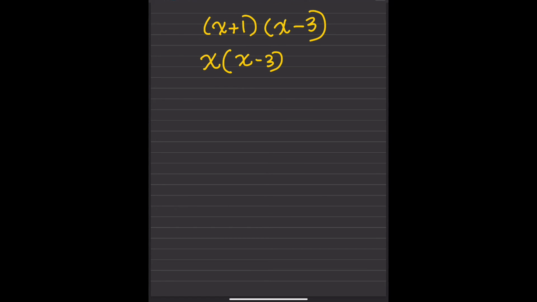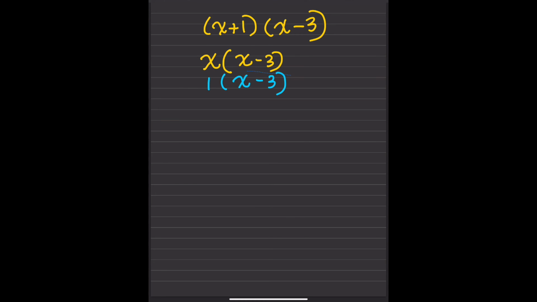So that's going to be 1 times x minus 3. Do you see what I did there? I just distributed both terms in this bracket to the second bracket. See, there's the x and there's the positive 1. And then do the same thing as we did before.